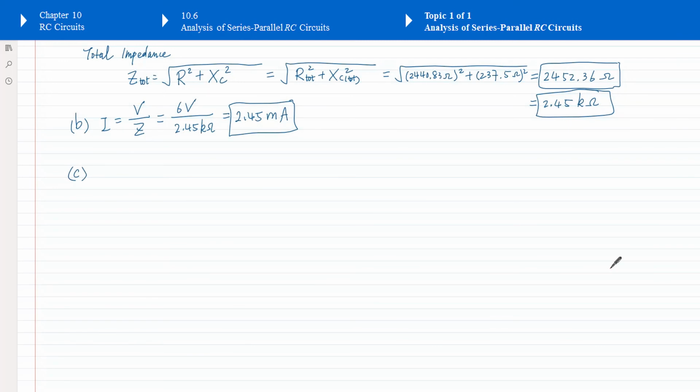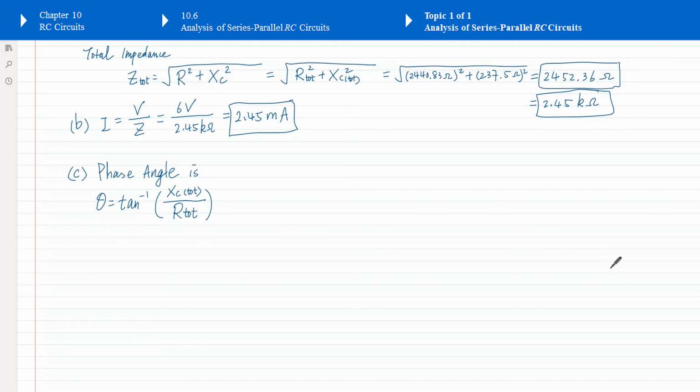C is to find the phase angle. Theta equals inverse tangent of XC total over R total.